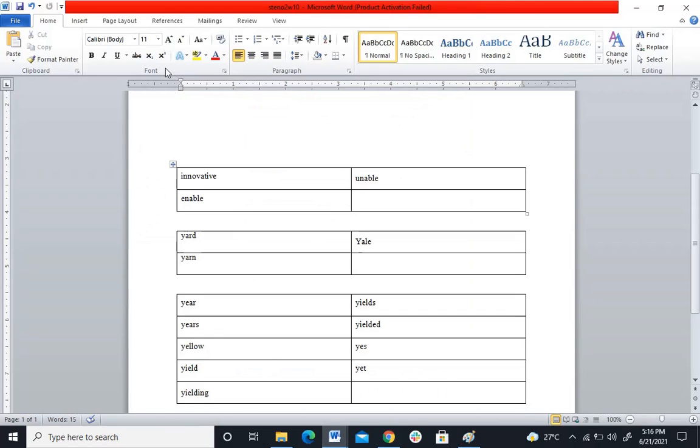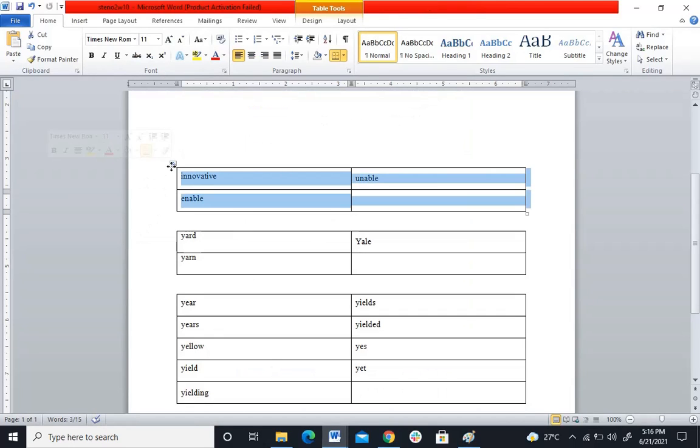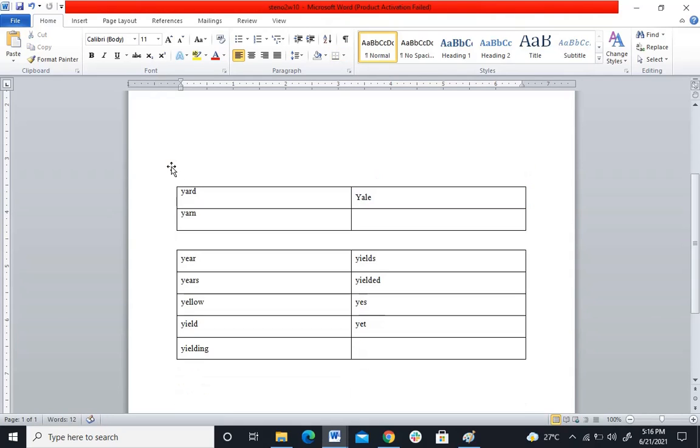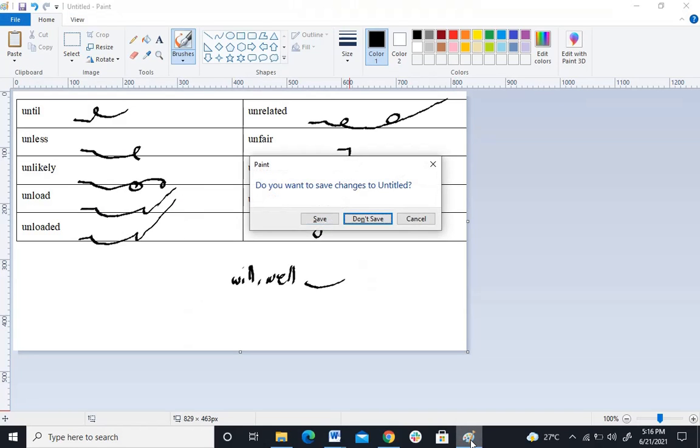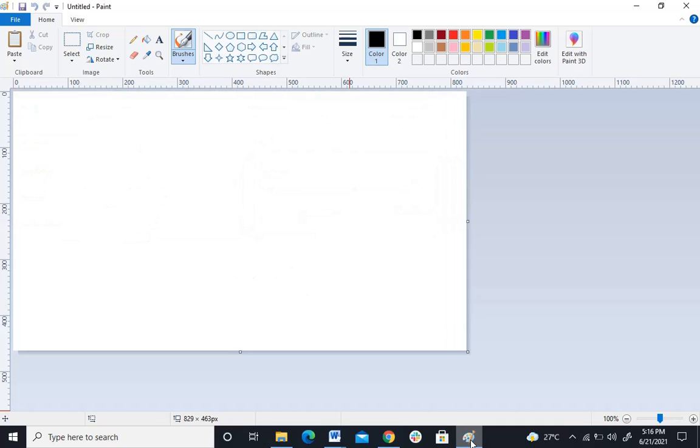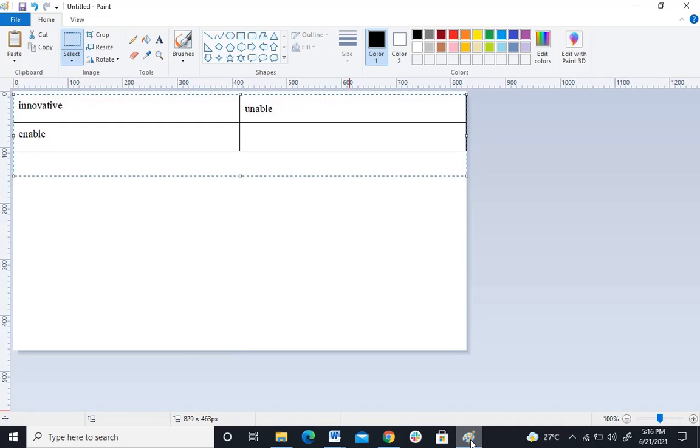Next, we have the in-words. Next, we have the words wherein, ito yung sinasabi natin na exemption to the rule.